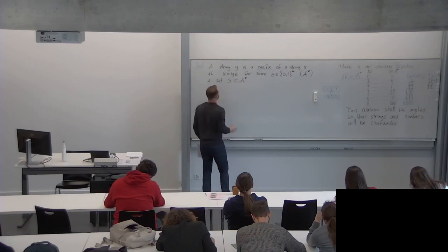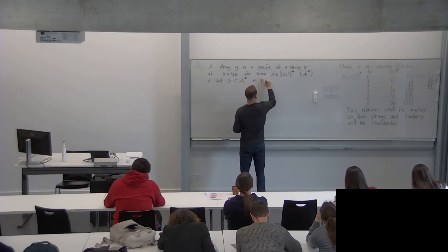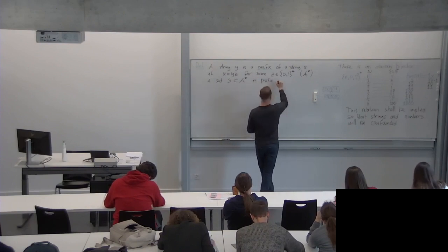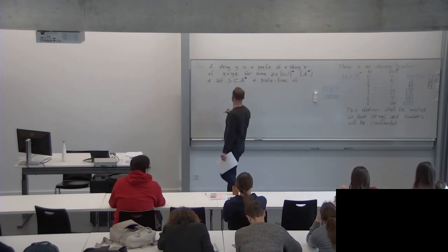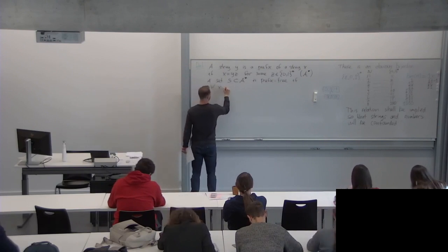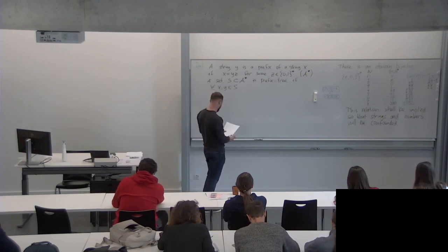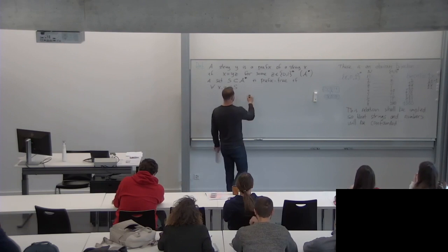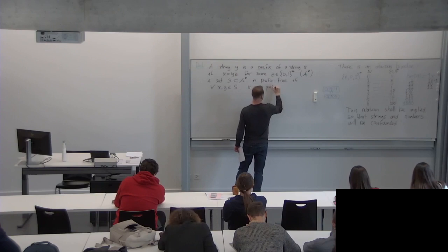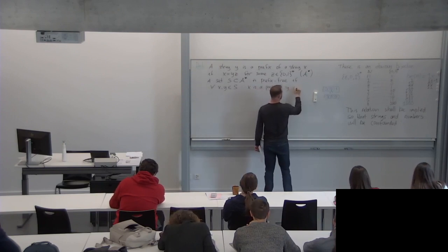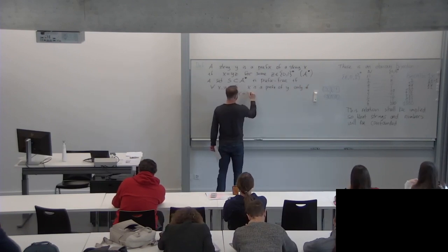So a subset of A star is prefix free if for all x and y in S, x is a prefix of y only if x equals y.